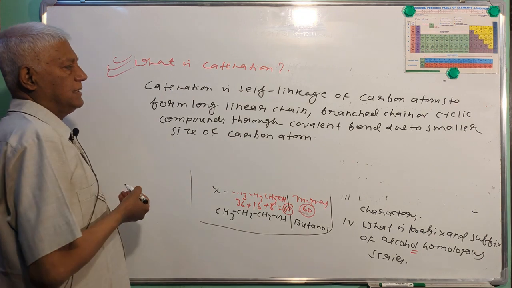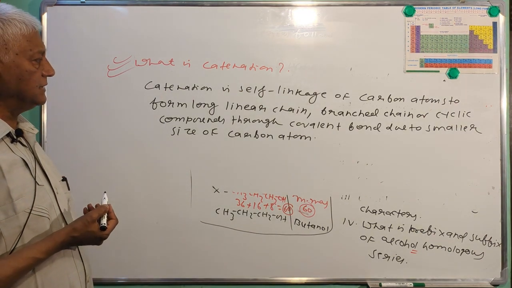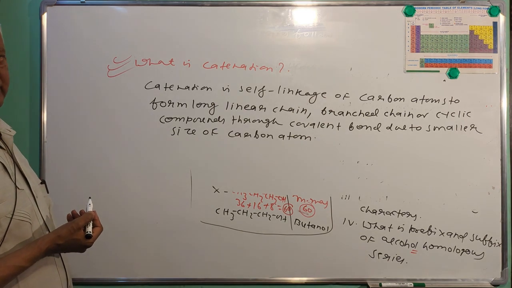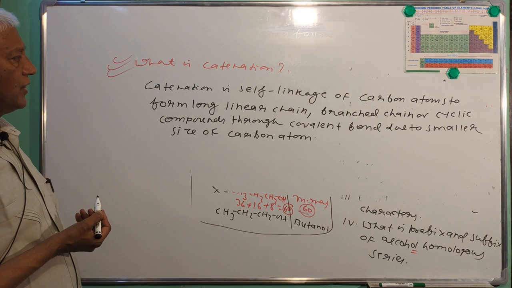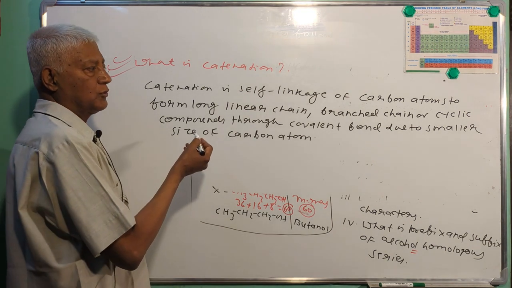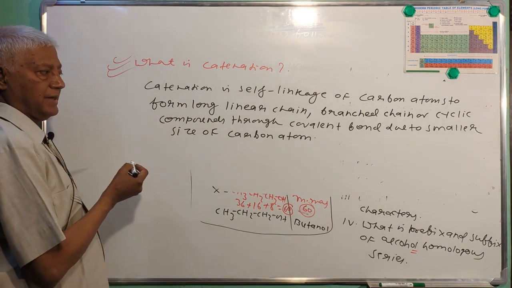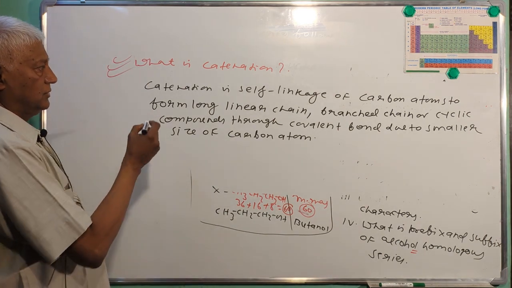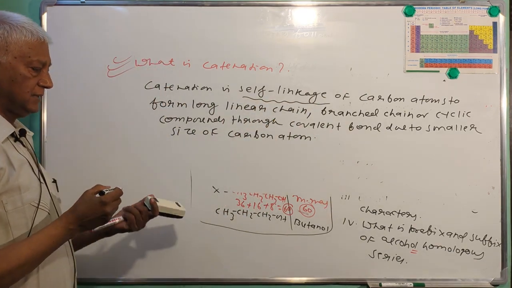Catenation is also seen in elements like sulfur, silicon. But generally in organic compounds, carbon atoms form long linear, branch, cyclic compounds through covalent bond due to the smaller size of the carbon atom. Always keep in mind that it is self linkage.